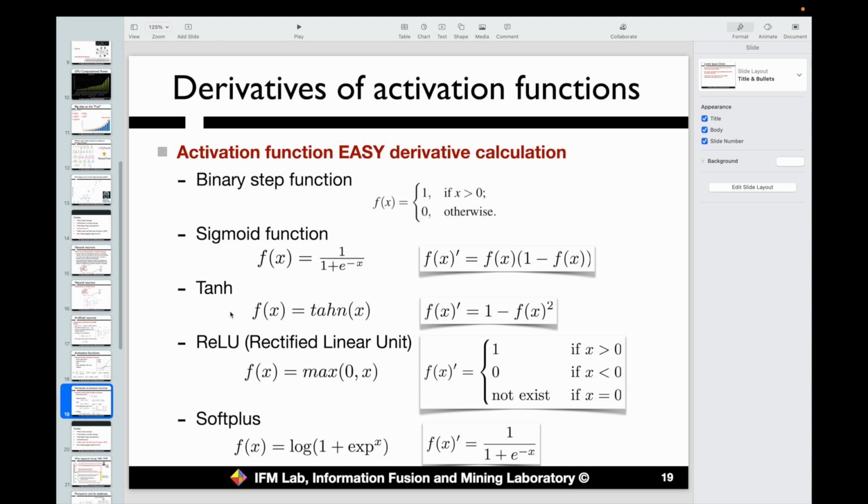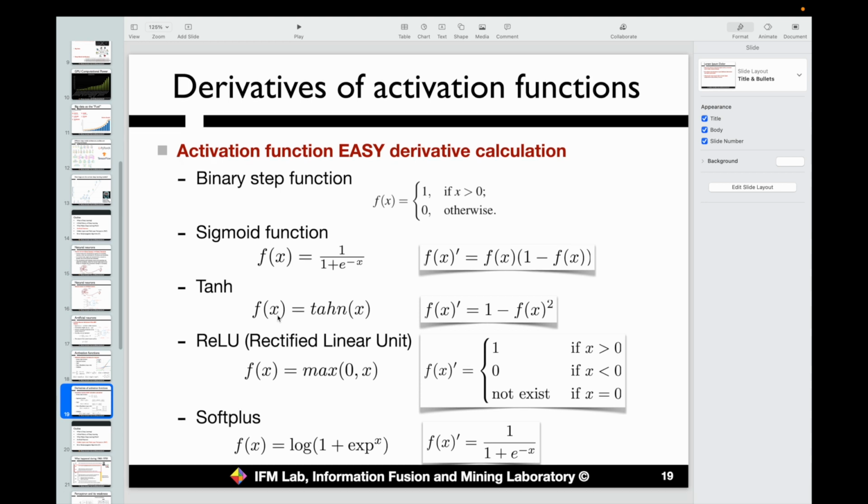Also for the tanh function, which we showed in the previous page, we will find its derivative f'(x) equals 1 minus f(x) squared. In other words, for the tanh function, we can also directly calculate its derivative from its output. It's a very good property, and we will show it later.